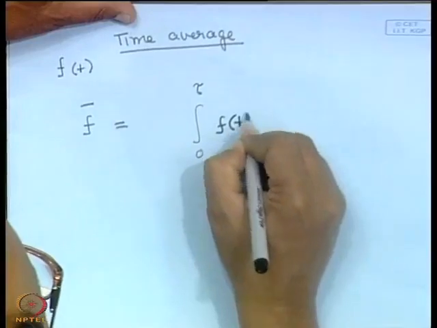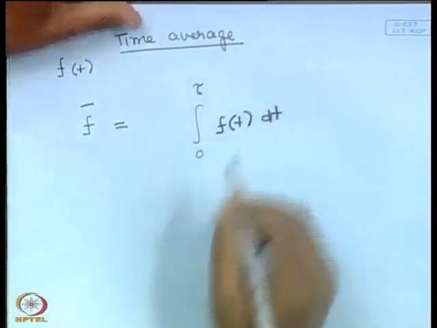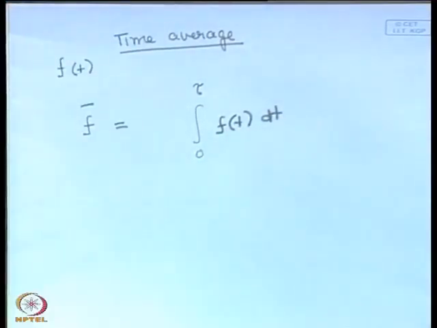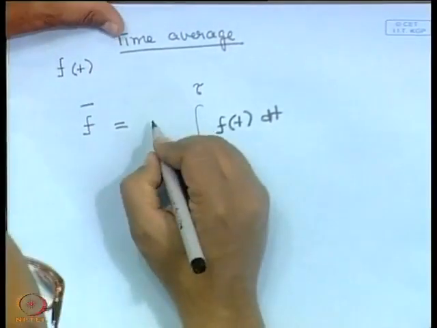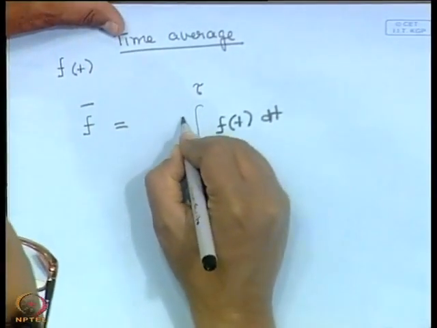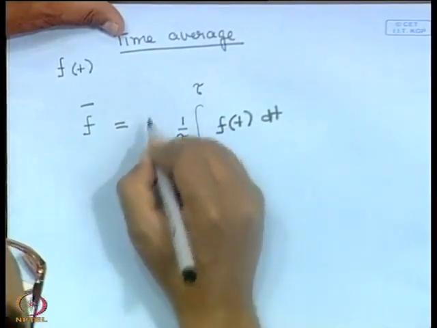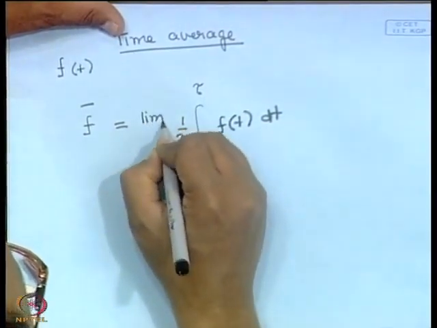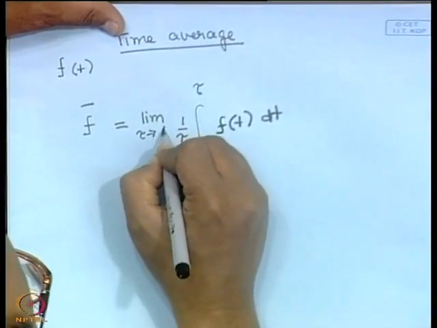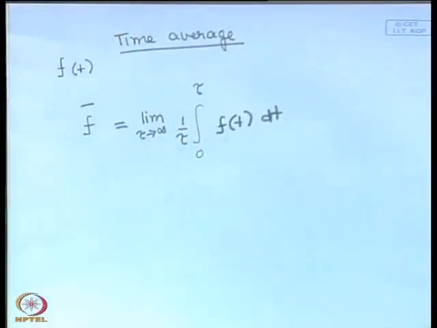and then you divide by tau, and we are interested in the limit where tau goes to infinity, very large time. So it is a time average over a very large time.